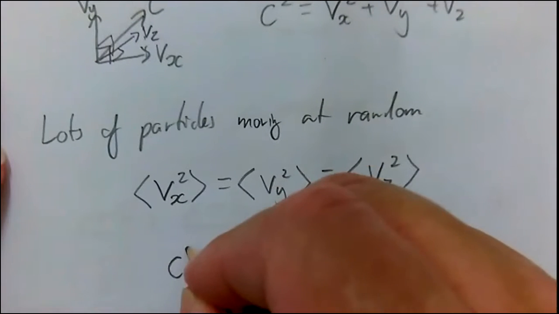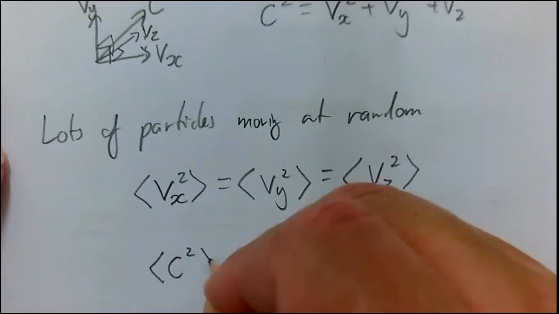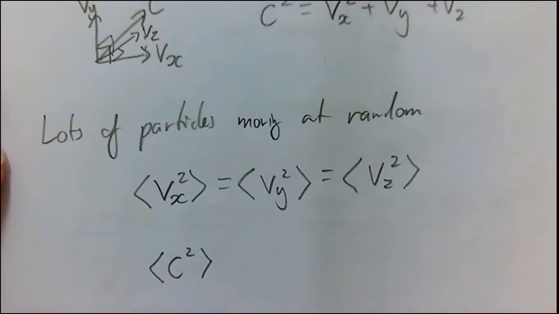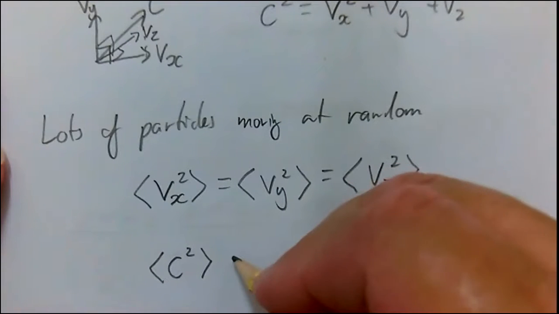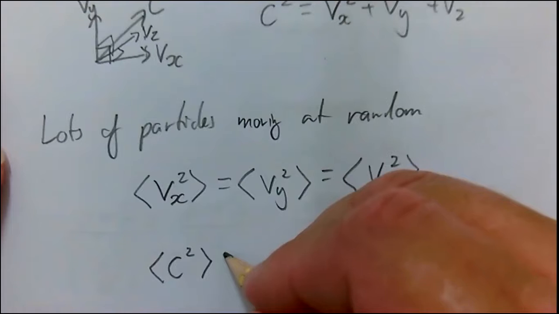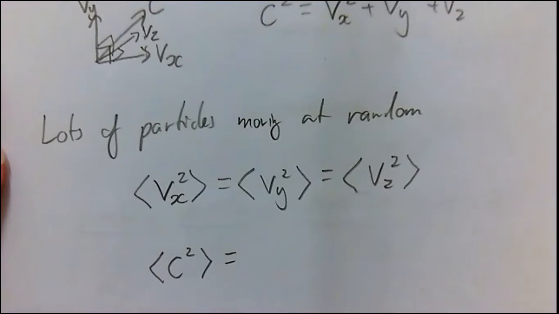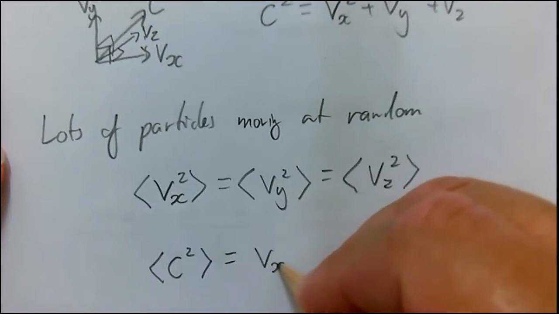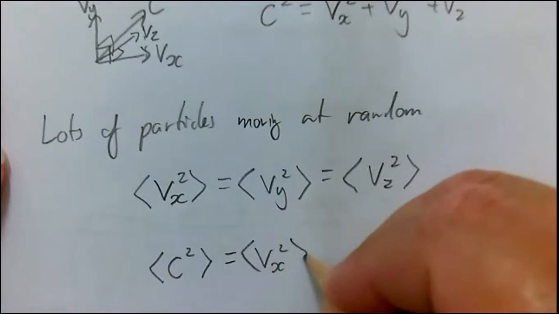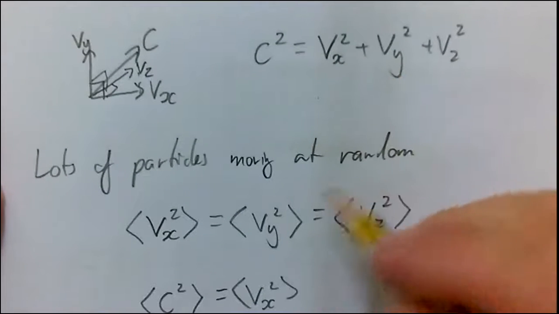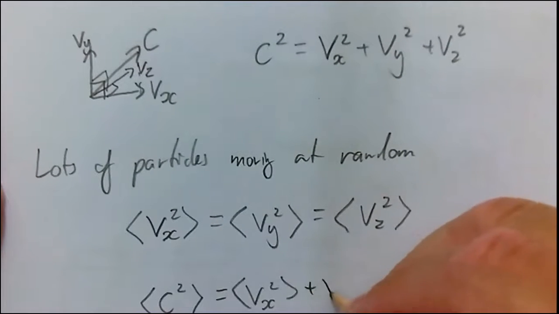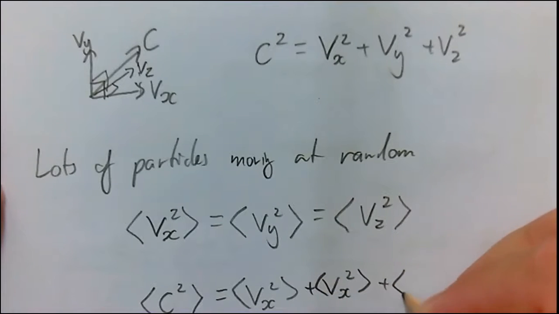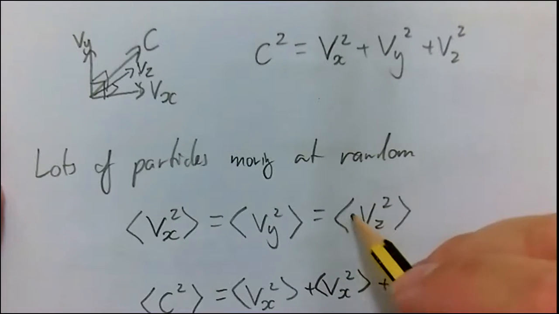So our mean square speed, where the square brackets basically mean a mean square, is like saying Vx squared plus Vy squared, but Vy is the same as Vx, and plus Vz squared, which is also the same as Vx.